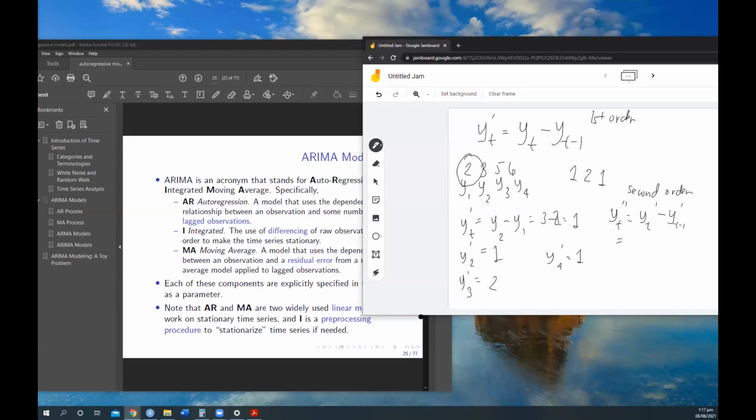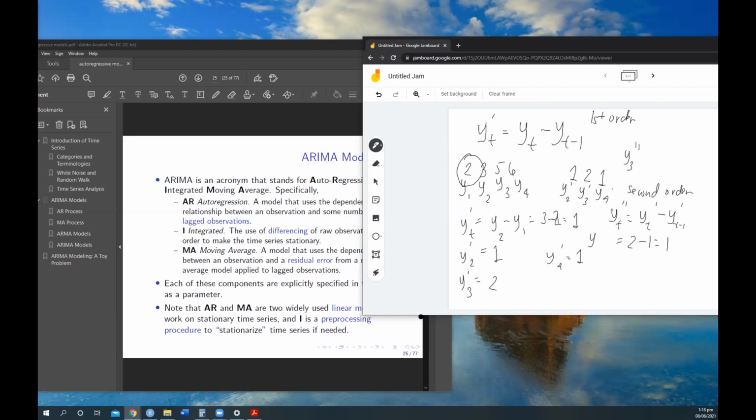If this is our y2 prime, this is y3 prime, this is y4 prime, the second order will start at y3 prime prime. What is y3 prime prime? It's just 2 minus 1 or 1.